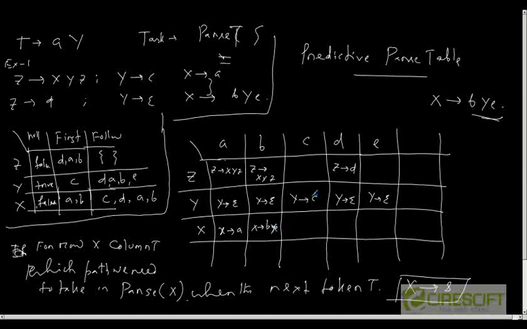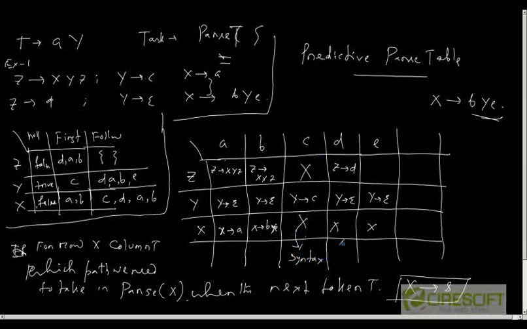Then for C, D and E, we cannot do anything. So these are the blank areas. Whenever you are in a function corresponding to a given non-terminal and you get a next input token, suppose for Z you get a next input token as C, or in X you get a next input token as C, then that will be a syntax error.